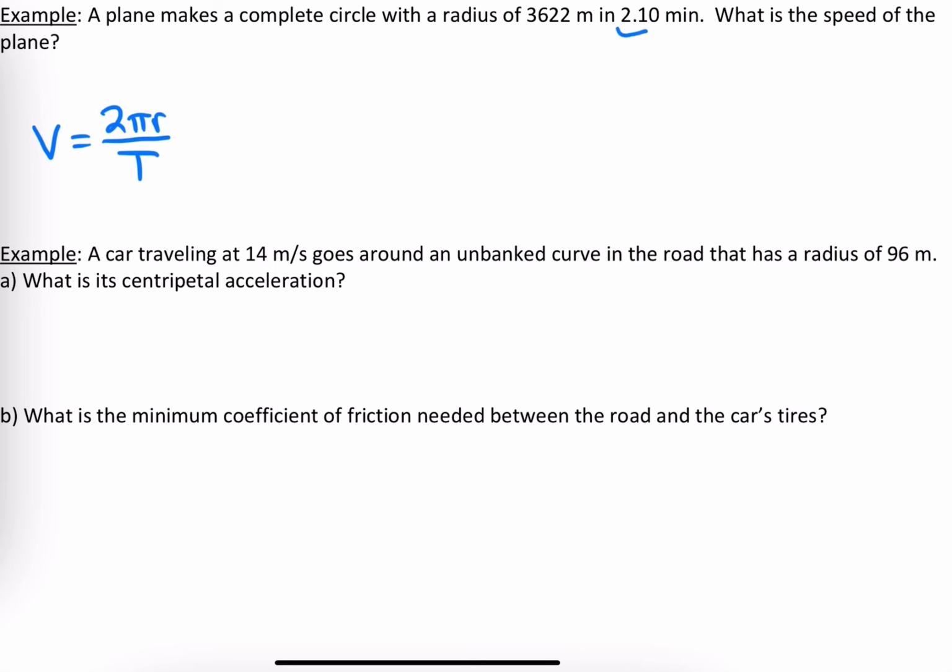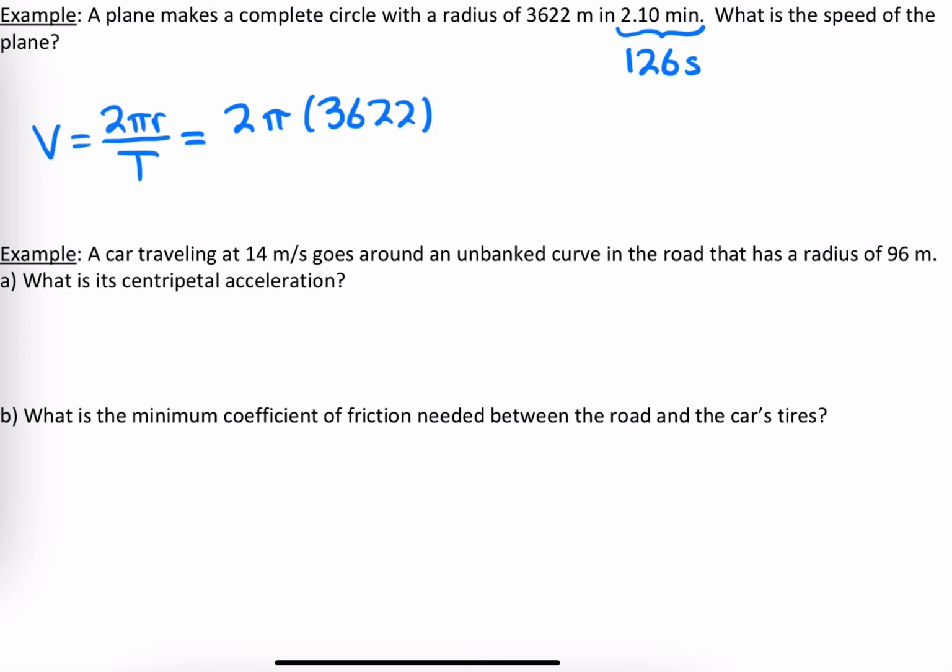It turns out that 2.1 minutes, 2 minutes is 120 seconds. 0.1 minutes is 6 seconds. So this is 126 seconds if I convert it to metric base units. So 2 pi r is 2 pi times 3,622.